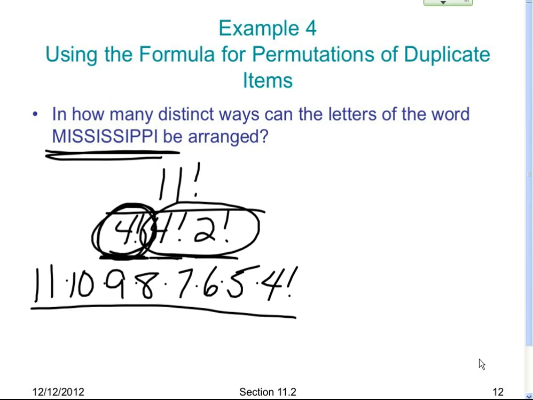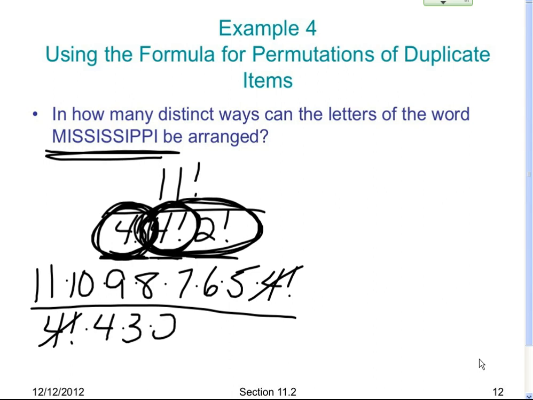This 4 factorial we're going to leave as 4 factorial so that it cancels with that one. But these two, you're not allowed to cancel as a factorial. So this 4 factorial, I know it's getting kind of rough in here, but that 4 factorial you have to write as 4, 3, 2, 1, and this 2 factorial as 2, 1.